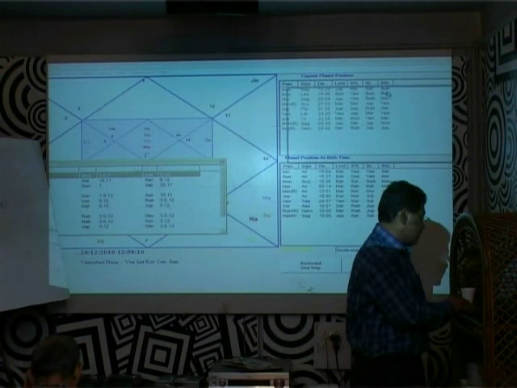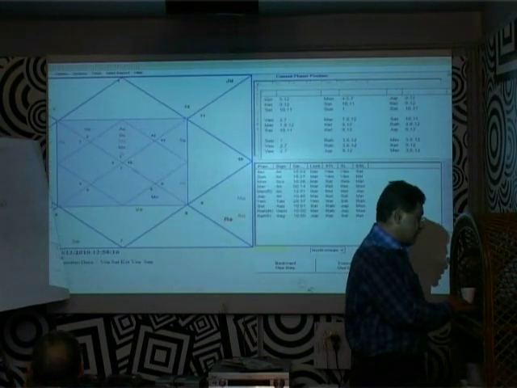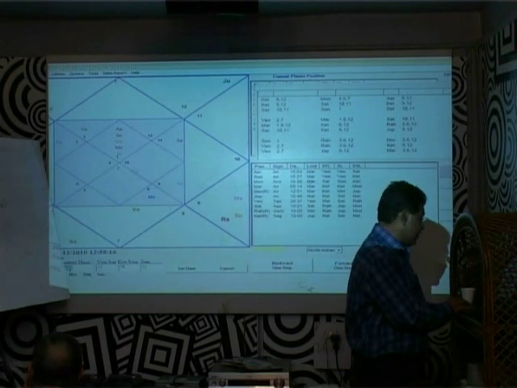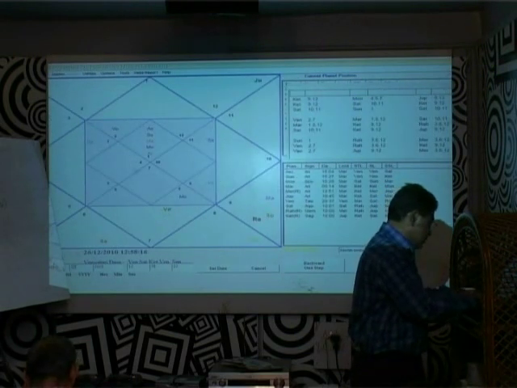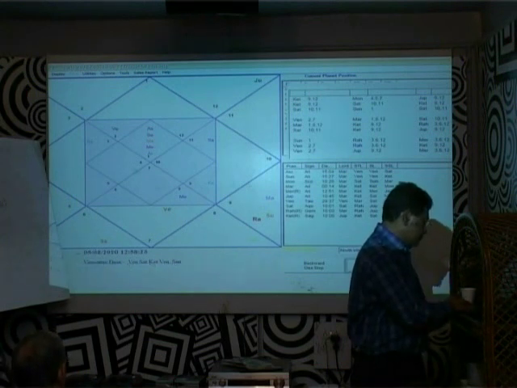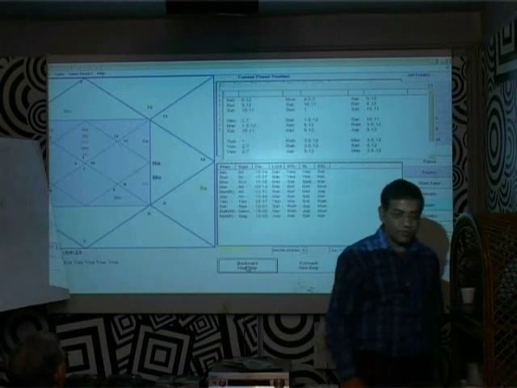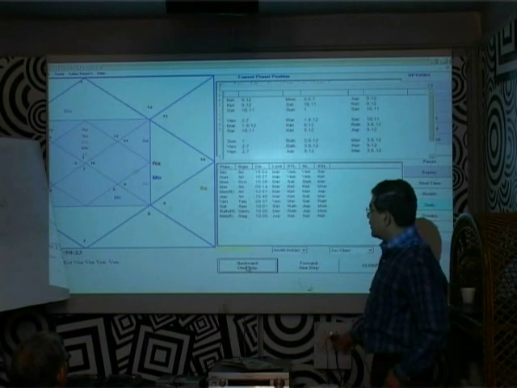You can see the transits here, and we'll take up this 5th August 1990. We'll set up a date 5th August 1990, and then we'll see from 5th August 1990. Right, so this is 5th August 1990 transit.